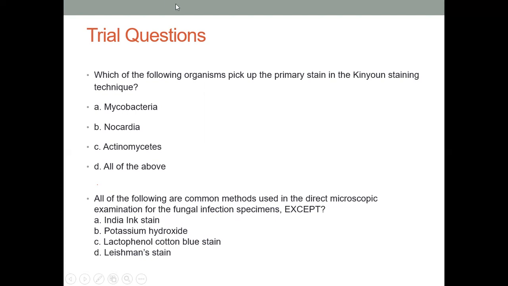It's true. Lactophenol cotton blue, it's also true. Okay, Leishman. It's false. Yeah, so you get it. So here, your answer will be D, false. All right. Okay. Thank you.